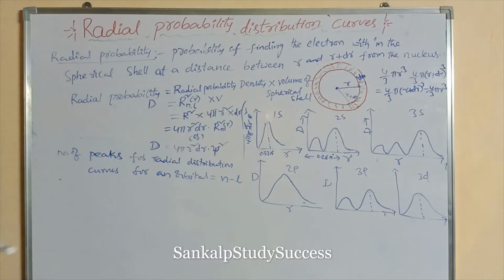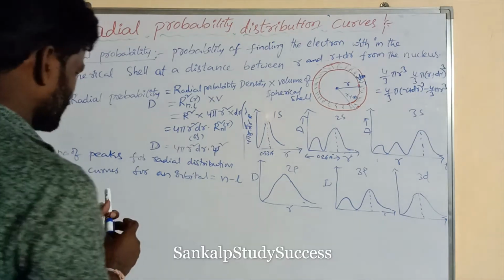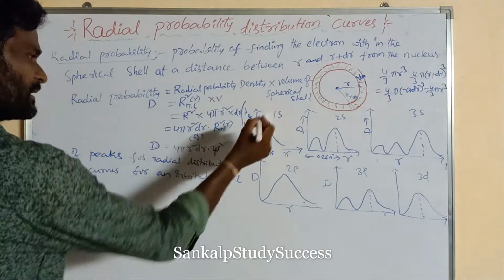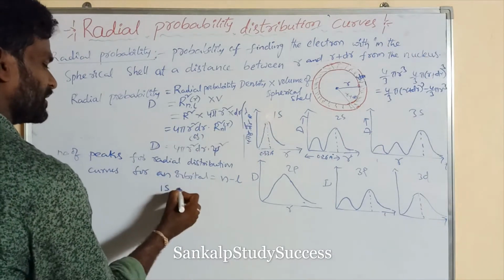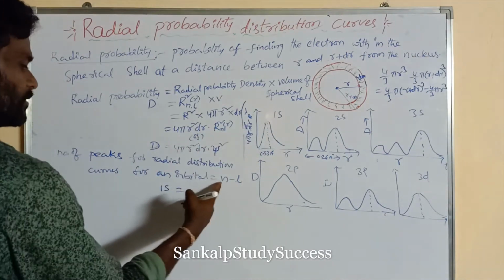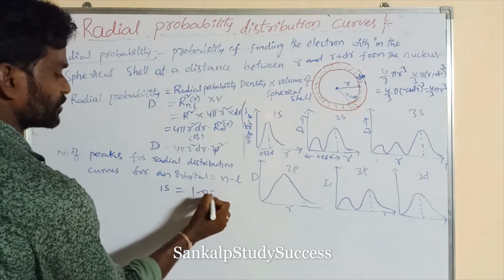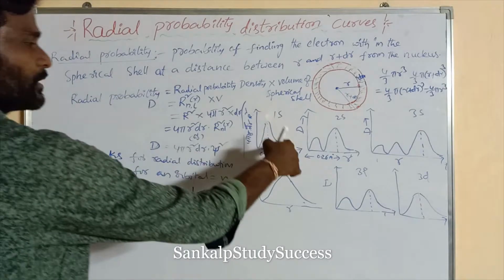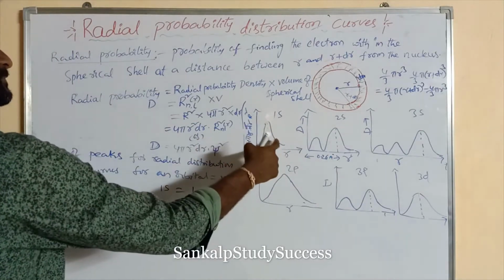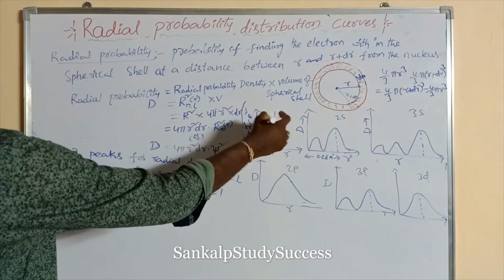Suppose we take the 1s orbital. How many peaks are obtained for the 1s orbital? n minus l. What is its n value? 1. What is its l value? 0. 1 minus 0 is equal to 1. So one peak is present in the radial distribution curve of the 1s orbital.